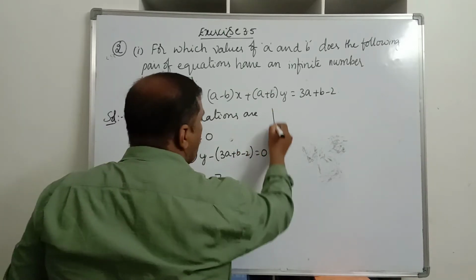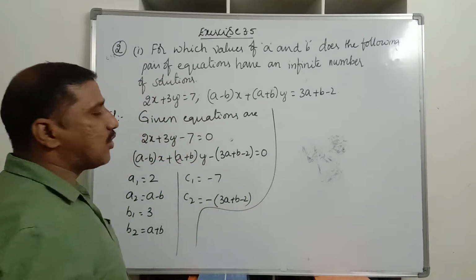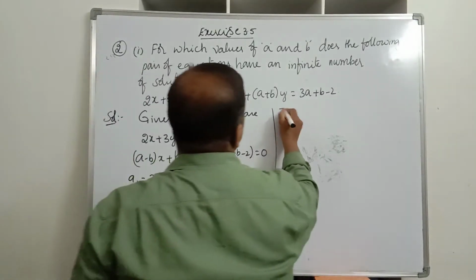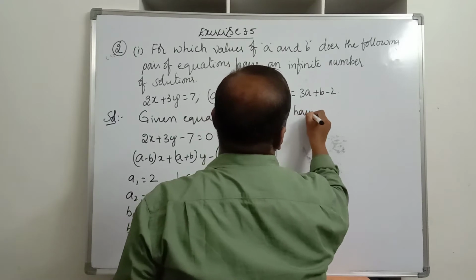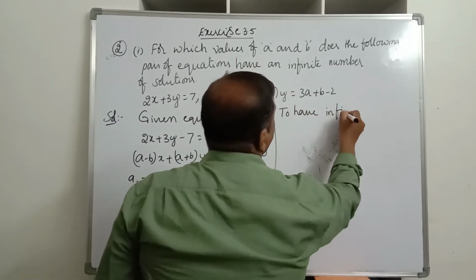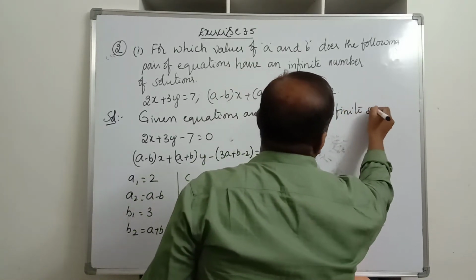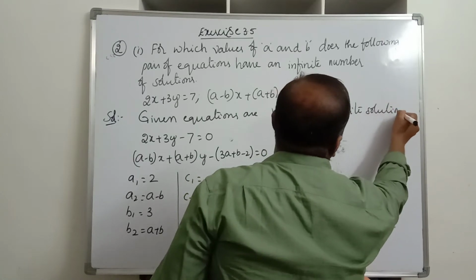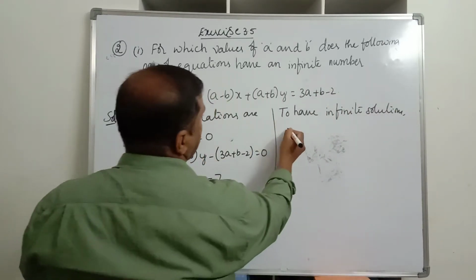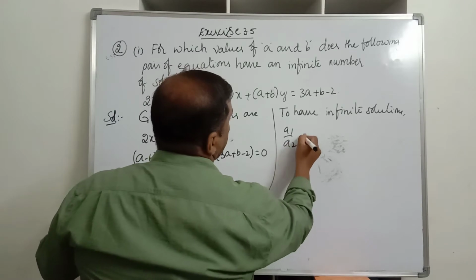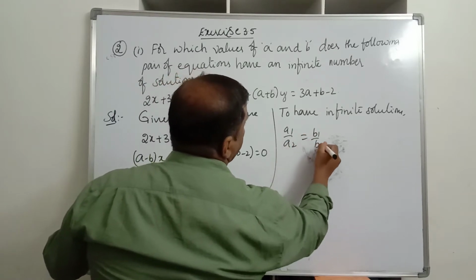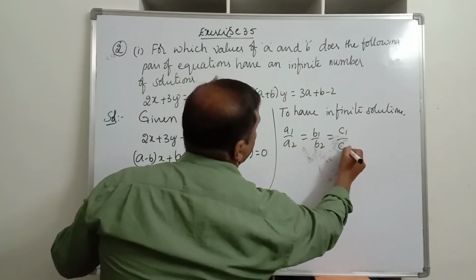Now to have infinitely many solutions, what is the condition? It is a1 by a2 is equal to b1 by b2 is equal to c1 by c2.